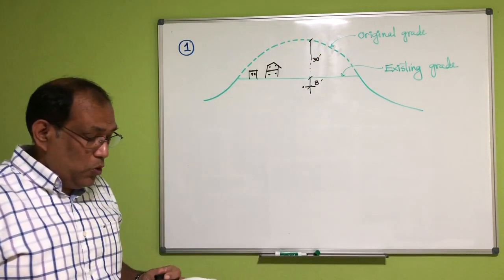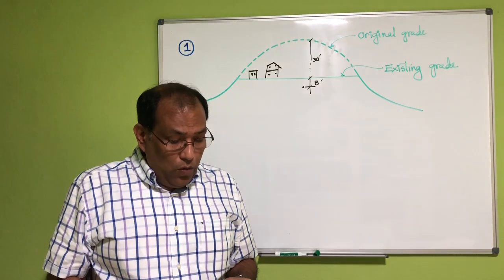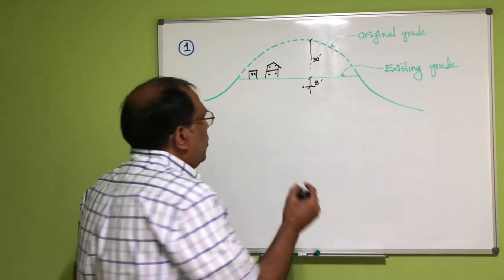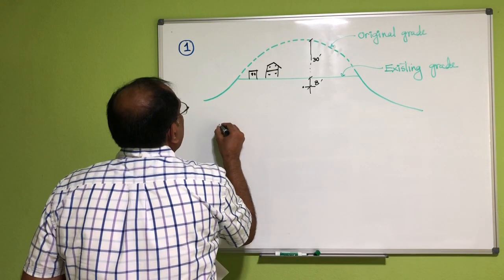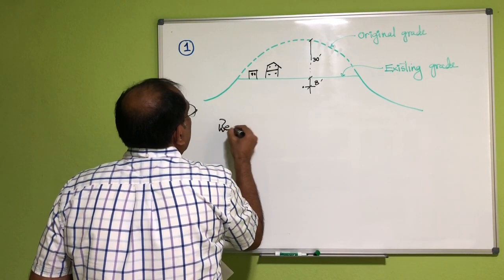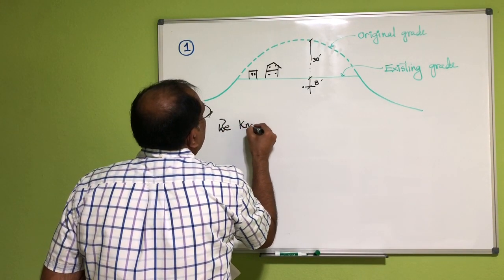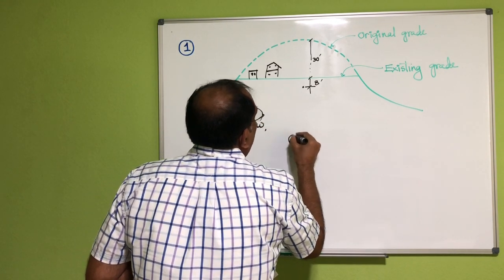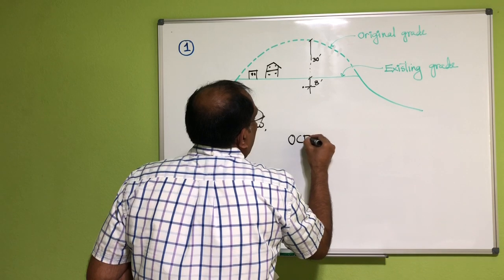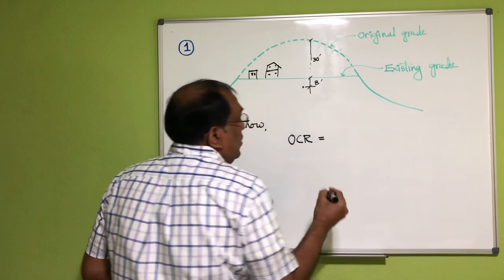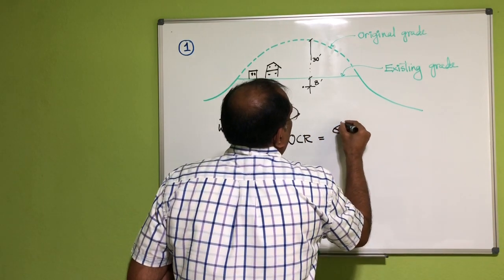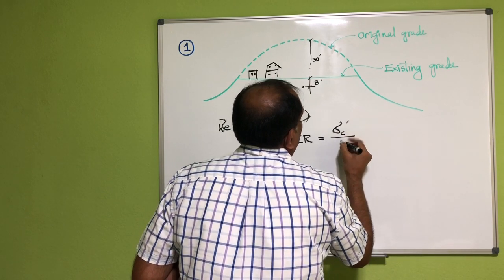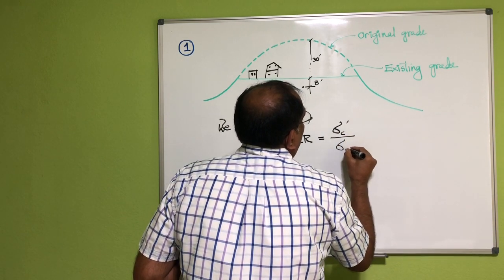Now the question is asking for the over consolidation ratio, OCR. So we know OCR means over consolidated ratio is equal to pre-consolidation pressure divided by current overburden pressure.